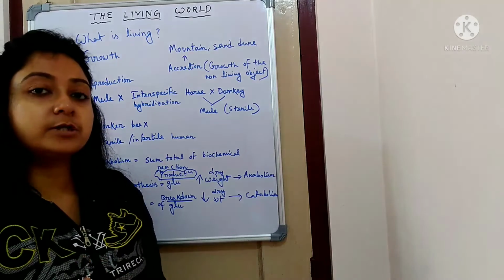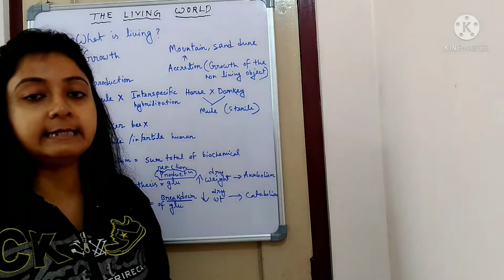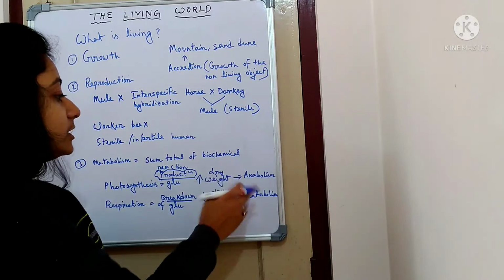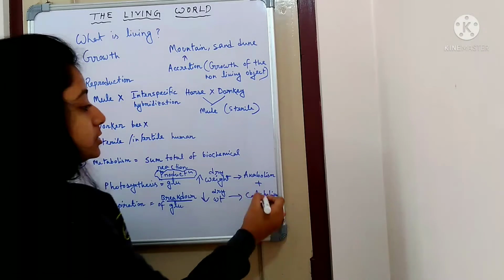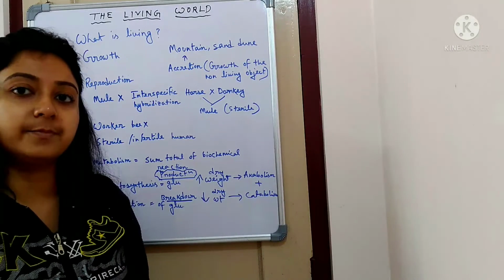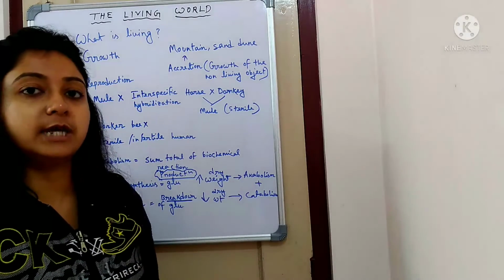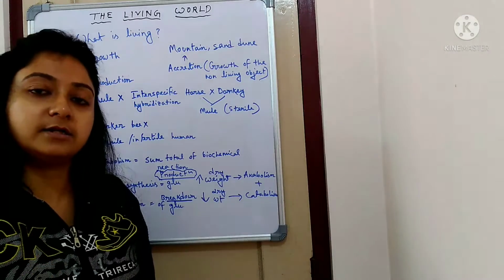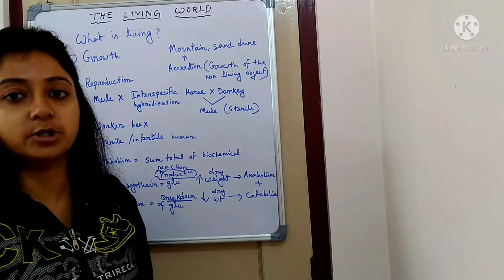In this way, two types of procedures are there in metabolism, which are found in animal cells or living objects. One is anabolism, one is catabolism, and all together these two processes are considered as metabolism. That is why the term sum total was used. The sum total of all the biochemical reactions, the biochemical activity occurring inside the cell, is considered as metabolism.